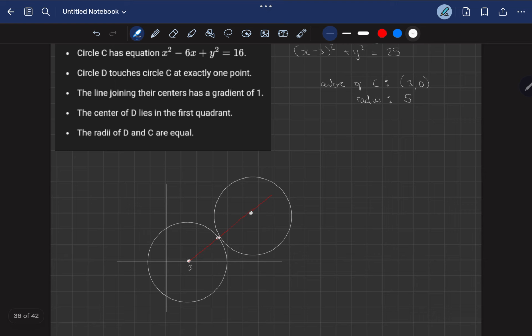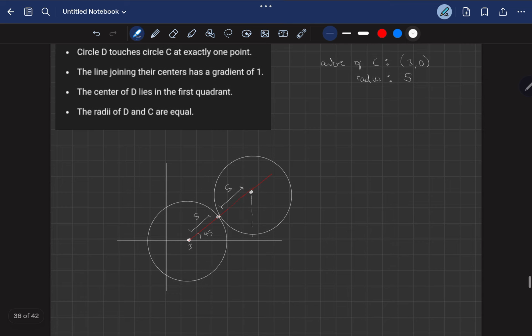Now, because this is 5 and this is 5, I know that the entire distance is 10, right? From here to there is 10. And because the gradient is 1, I know that this is 45 degrees. So I can use trigonometry to work out this distance and this distance, because it's a right angle triangle.